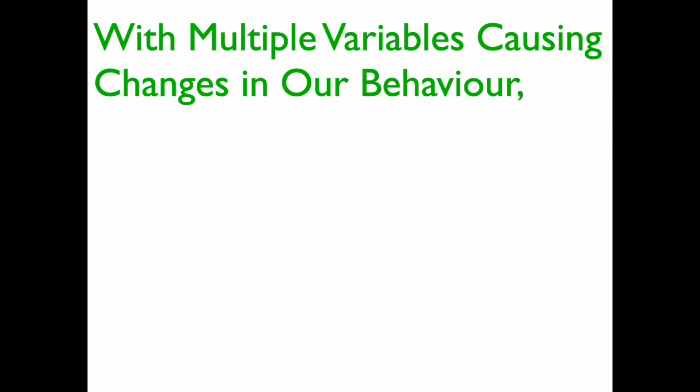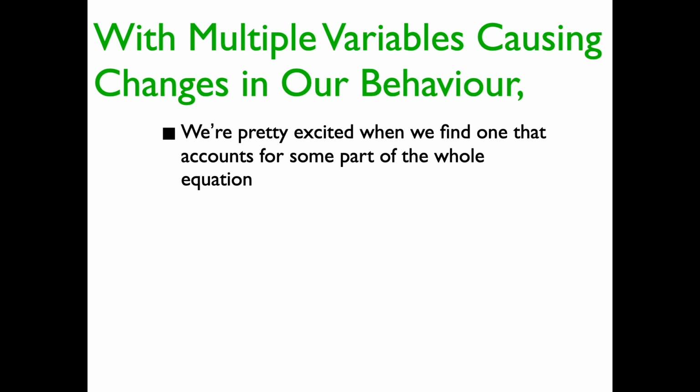And so when we have multiple variables causing changes in our behavior, we psychologists are pretty excited when we can find one that accounts for some part of this whole equation. So we're pretty happy when we can get a small or a medium correlation. Even though it's not accounting for a lot of the variance, it's accounting for something. We've got some part of the puzzle worked out. And hopefully we can keep trying to identify more and more of the variables and put them all together.